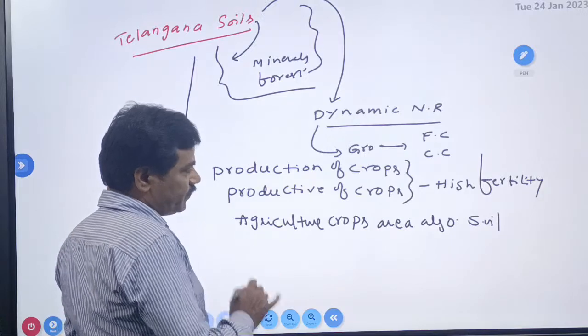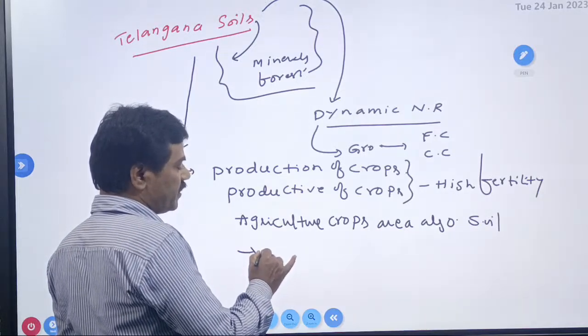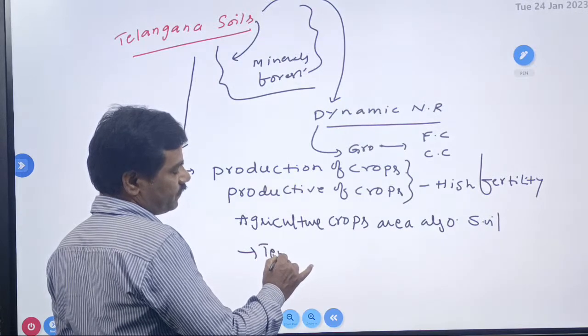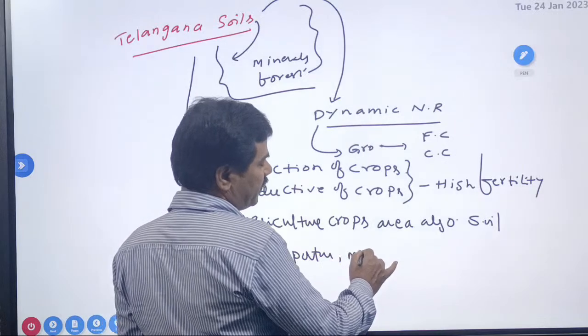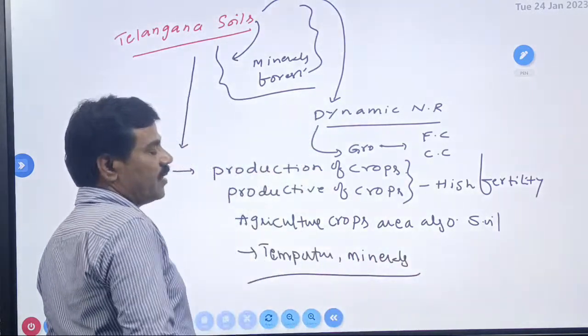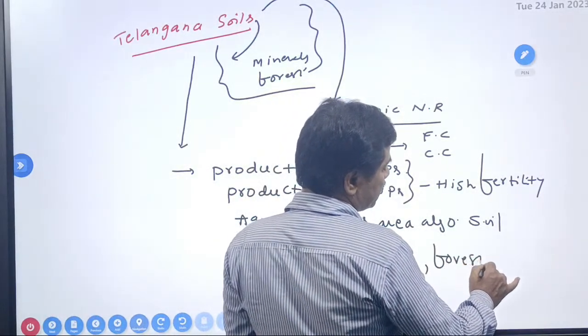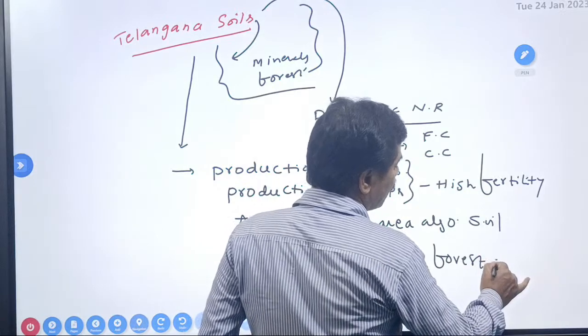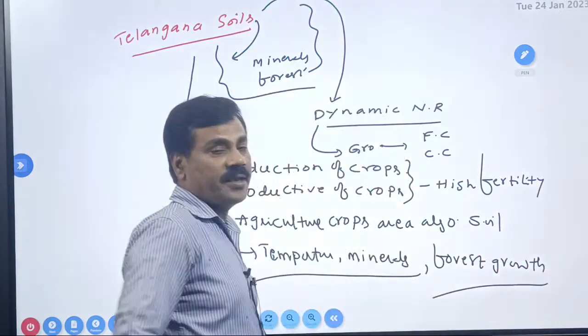Soil fertility is also decided by temperature and minerals, and forest growth also depends on soil fertility.